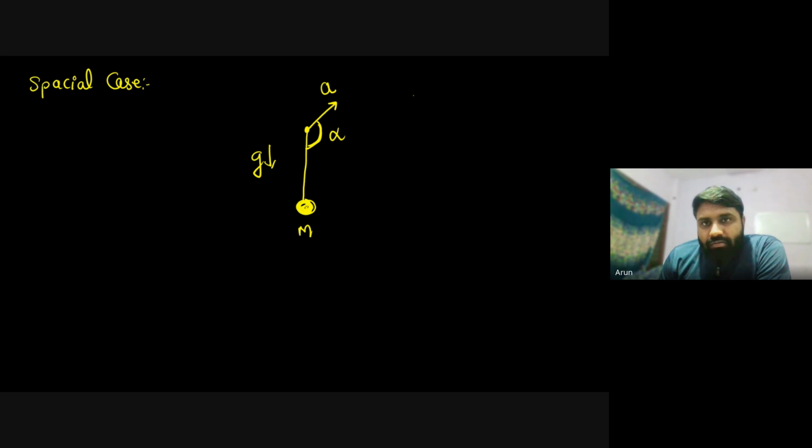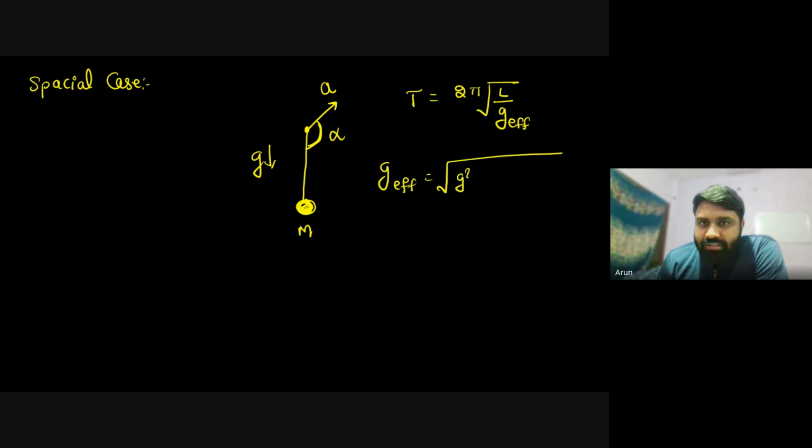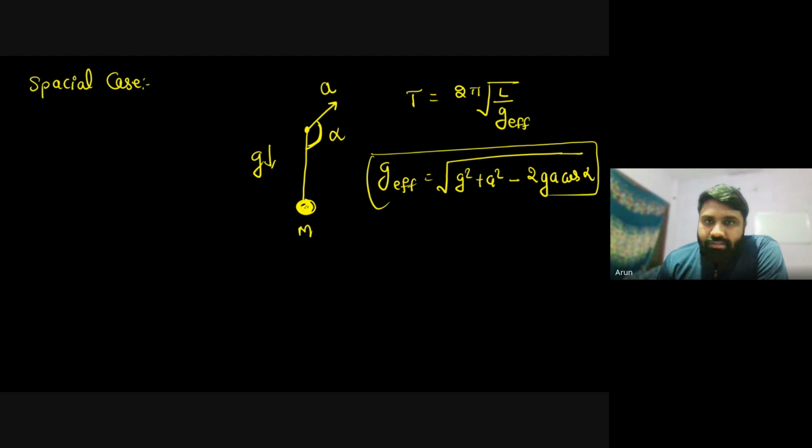So now the time period will be 2 pi root L by g effective. Now the effective acceleration you have to take, and g effective will be given by square root of g square plus a square minus 2ga cos alpha. Okay, so this formula you will use.